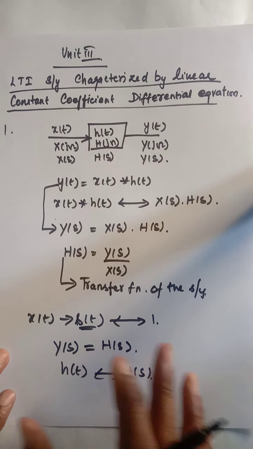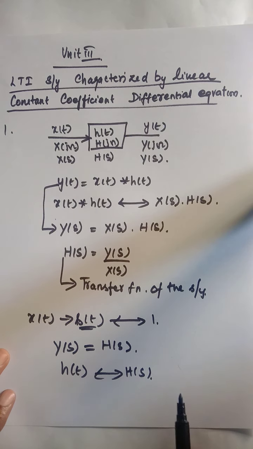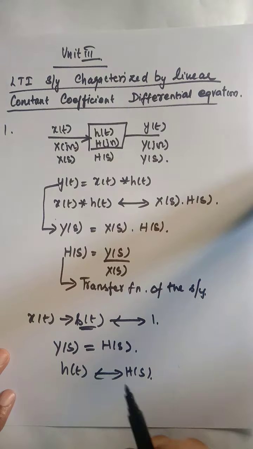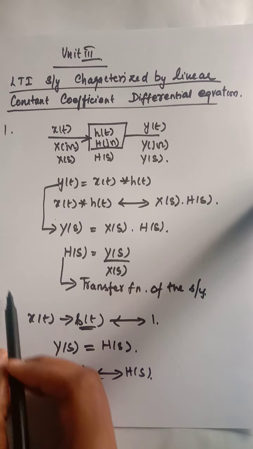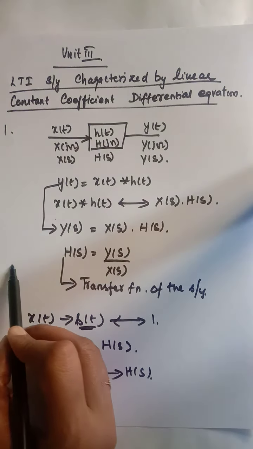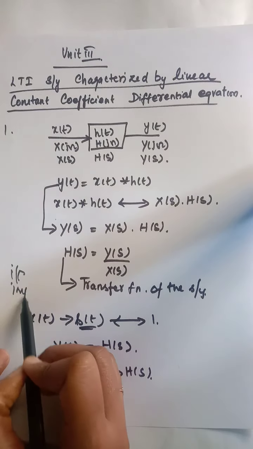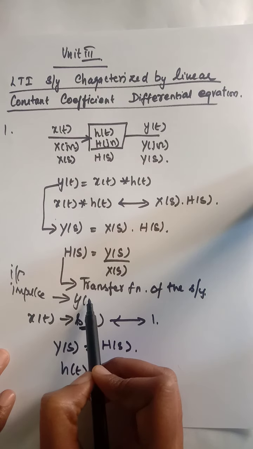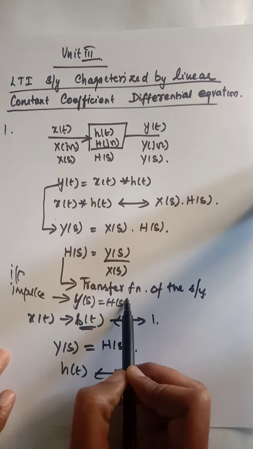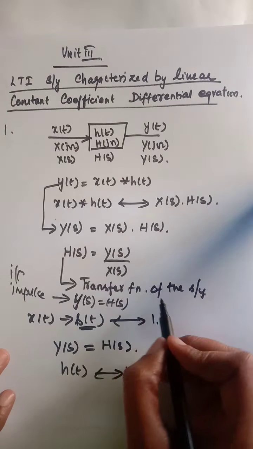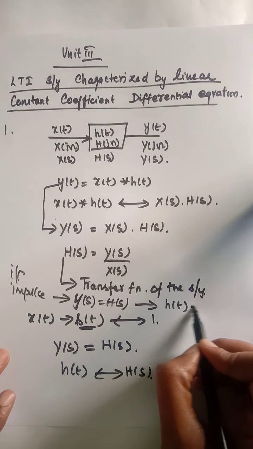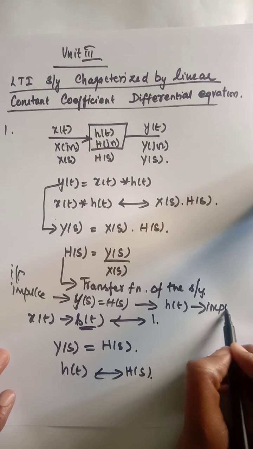These are all the terms you need to know before solving problems on the LTI system. Also, if we consider the input to be an impulse, the output Y of s is equal to H of s, and the inverse of H of s, h of t, is the impulse response.